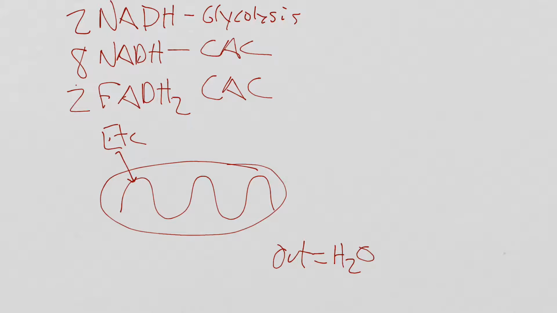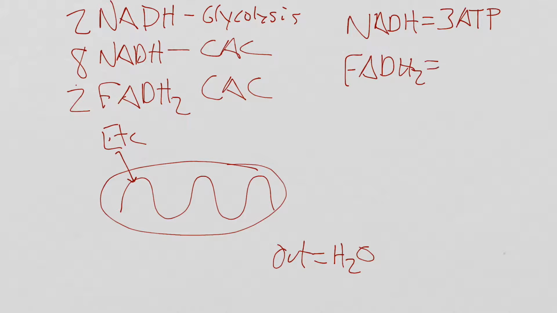Now, as it goes through this process in the electron transport chain, for every NADH, you're going to get 3 ATP. And then for every FADH2, you're going to get 2 ATP. So if we figure that out, we have 10 of the NADHs.